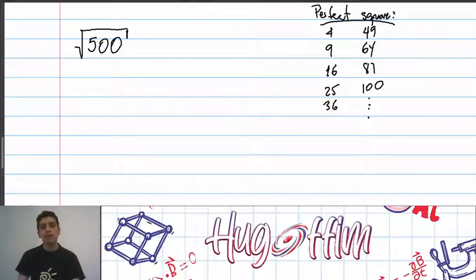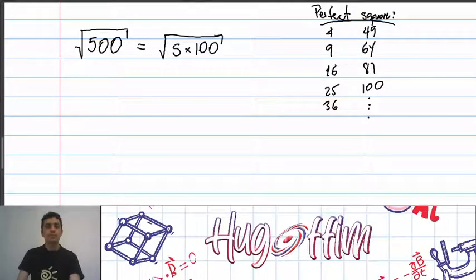So I'm going to rewrite my 500 in terms of one of these options. I'm going to write it as 5 times 100. Now I'm going to apply a very interesting property of roots, that I can split the root in multiplication.